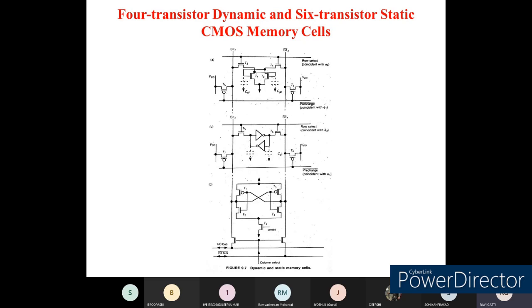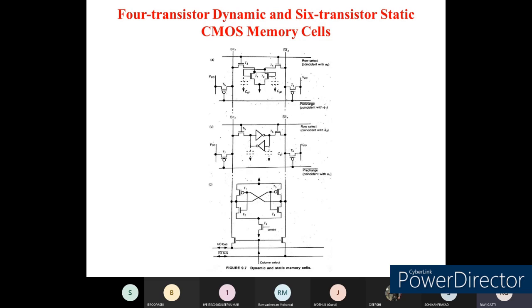So in the first diagram you can see here, if you remember, we are going to use this dynamic memory cell in 2 modes, one we call the pre-charge mode and the other the conduction mode. To make the pre-charge mode and conduction mode, we are going to use 2 clock signals, and these 2 clock signals will be complementary to each other.